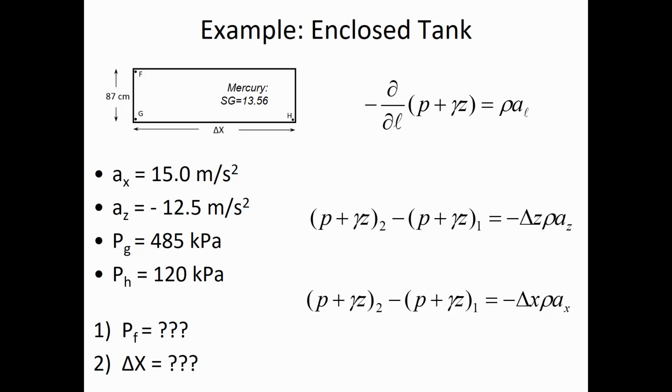So here's Euler's equation in the z direction. What you're going to have to do is remind one another which is location 2 and which is location 1, make the substitutions for elevation and for the pressure that's known, and then the pressure that's not known looks like it's the pressure at F. We know G. When you solve for the pressure at F, what you should expect to see is that it's higher than the pressure at G, because it's accelerating down faster than gravity.